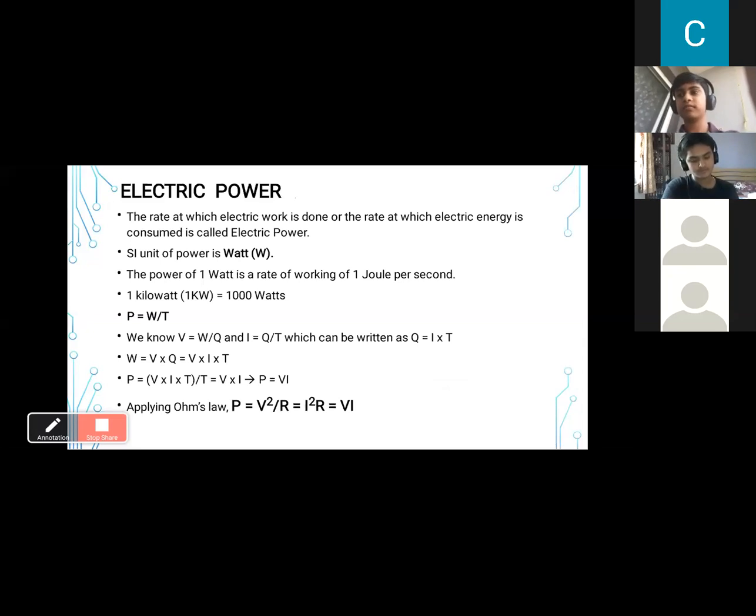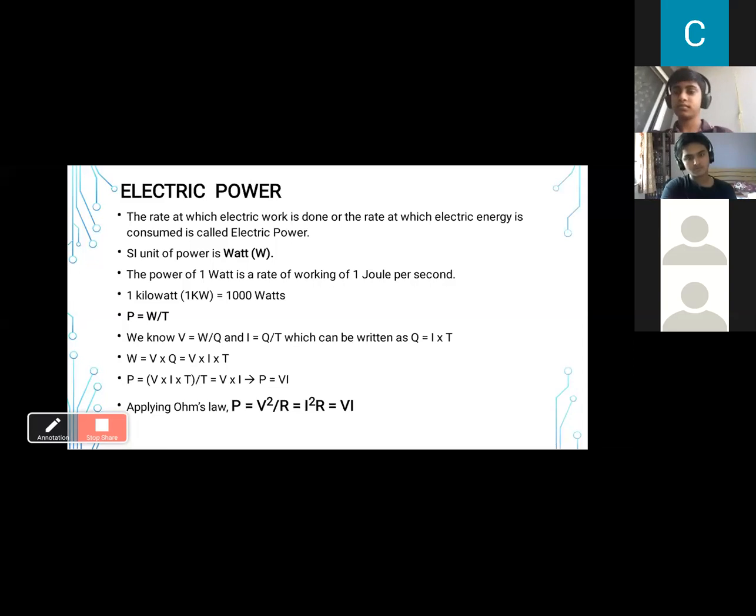If we multiply time with the power, then it comes heat or the energy. So we'll be deriving Joule's law of heating from this power formula, and we'll come to that later in this session. Whatever I have talked about, V equal to W by Q and I equal to Q by T, V into I is being derived from these.